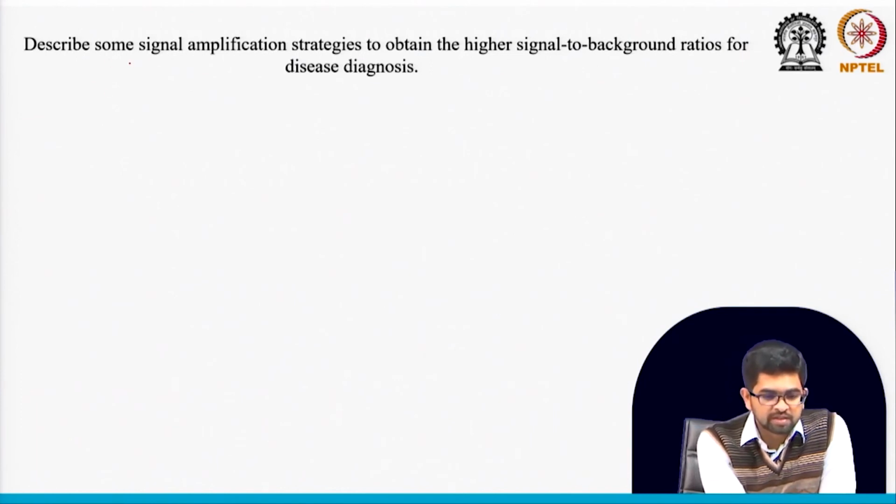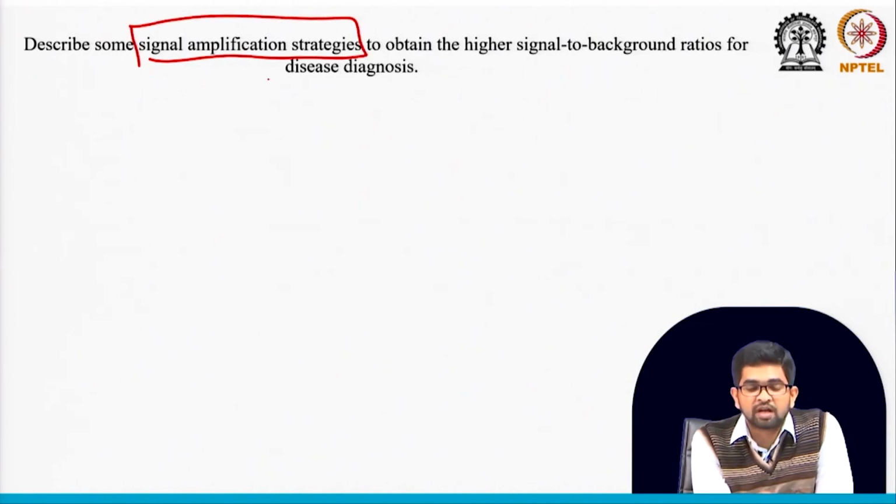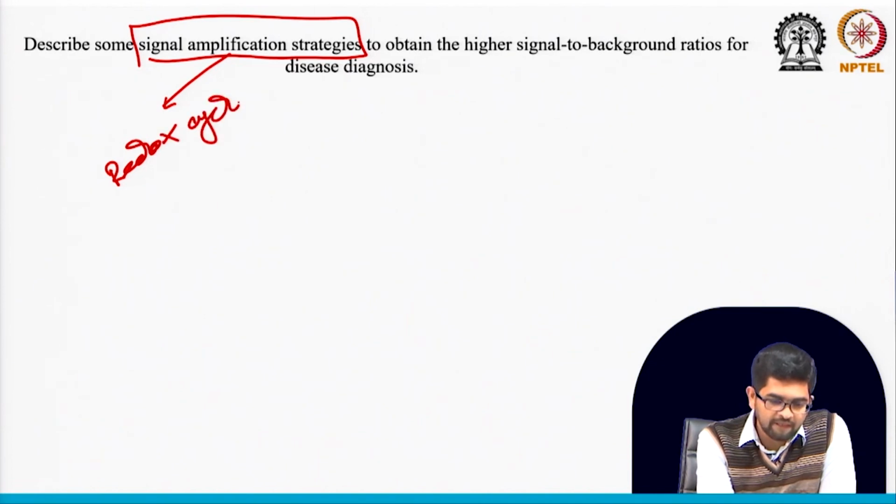Here I mentioned, describe some signal amplification strategies, right? So just think about the signal amplification strategies I taught you. Mainly, please try to think here. I taught redox cycling amplification.